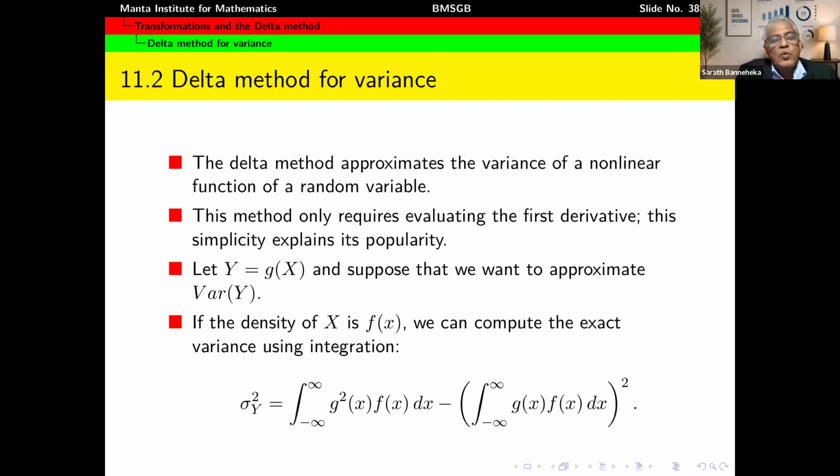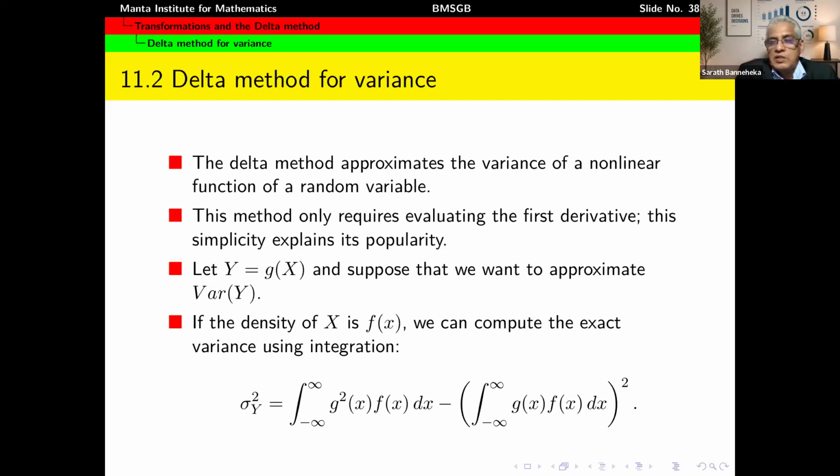Right. So let y is equal to g(x). X is a random variable. g is some transformation, and generally here we are interested in a nonlinear transformation. Suppose you want to get the expression for the variance of y, but theoretically it's very difficult to get the exact variance.